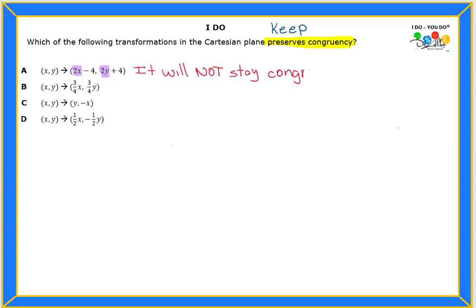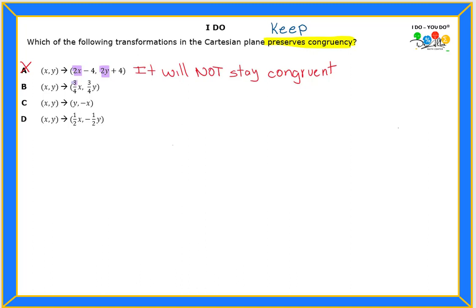Why? Because think about multiplying. If you multiply by a number greater than 1, the figure should get bigger, right? But if you multiply by a decimal, then your figure is going to get smaller. But in either case, it will not stay congruent. There will be some changes, right? So A doesn't work.